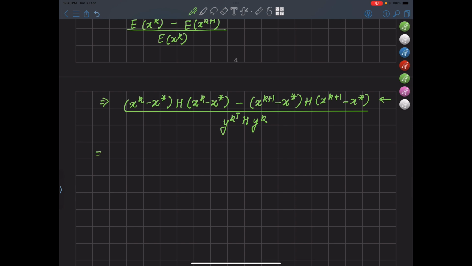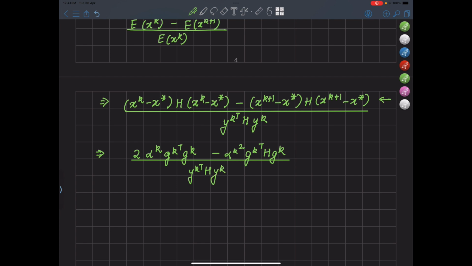I'll write the result down: it will look like 2 alpha k gk transpose gk minus alpha k square gk transpose h gk, divided by yk transpose h yk.